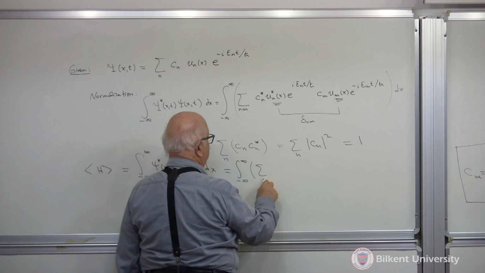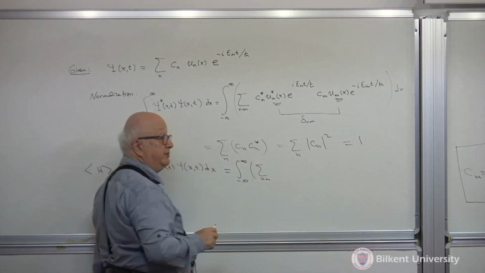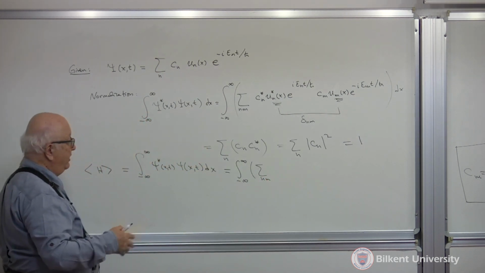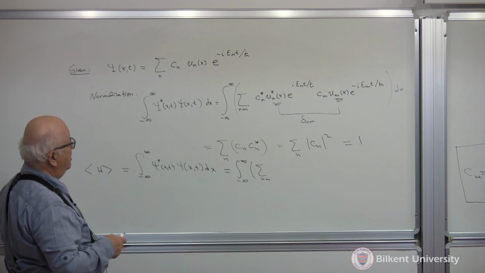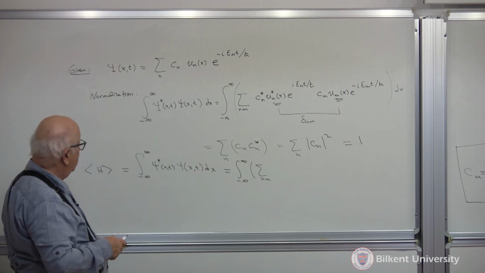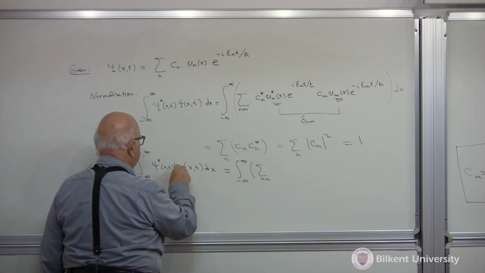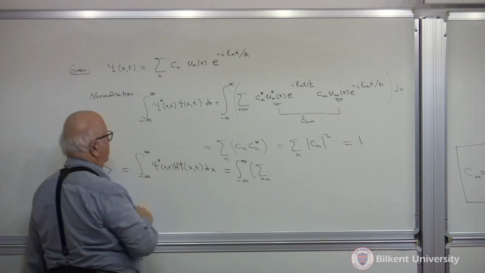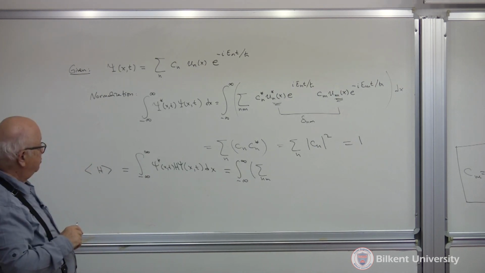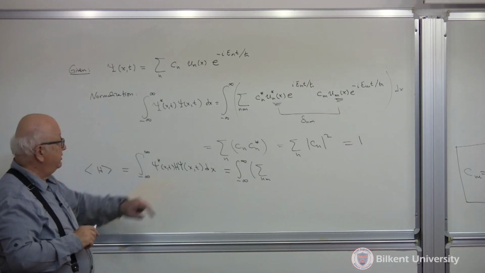It's going to again be two summations, because I have a summation over n and a summation over m. That's why we are starting this journey. We want the expectation value of H.